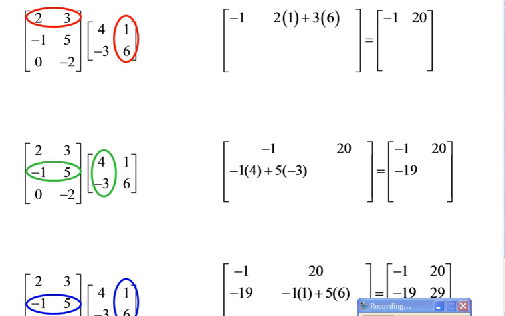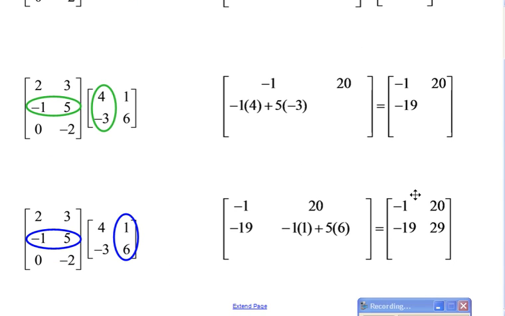Now we're going to multiply the second row times the second column, which is negative 1 times 1. So you take the row, times the first in the column, and then the second one in the row times the second in the column, and you add those together. And we get positive 29.